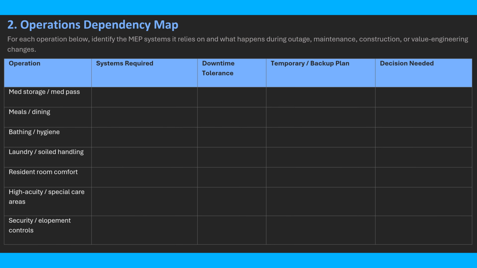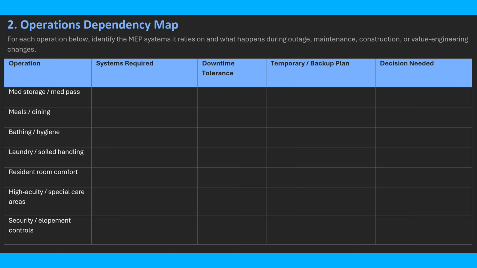Step 2 is the operations dependency map. This is where we translate technical systems into real facility operations. For example, med storage and med pass may depend on power, cooling, lighting, access control, and communications. Meals and dining may depend on power, water, waste, ventilation, and equipment.